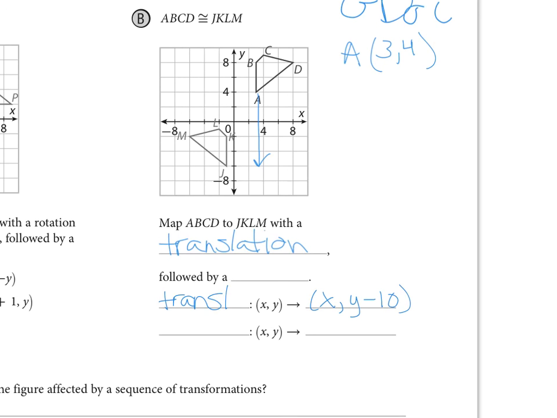And then once that's there, it looks like we need to also do a reflection. And I don't think it's as simple as just a reflection over the y-axis. So we're going to zoom in here really quickly and try to figure out where that line of reflection is going to go through.